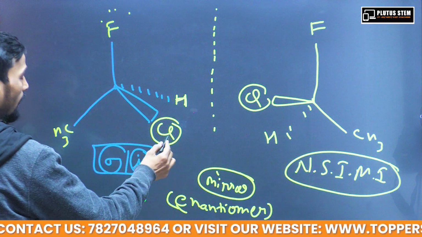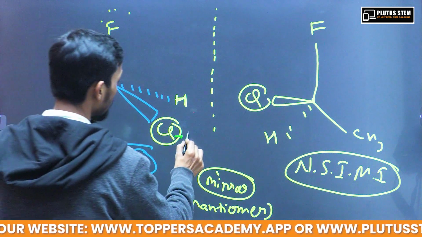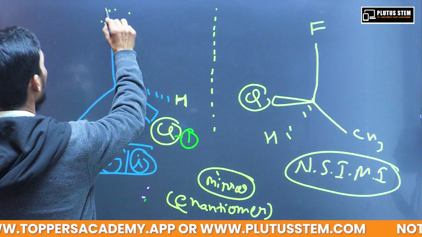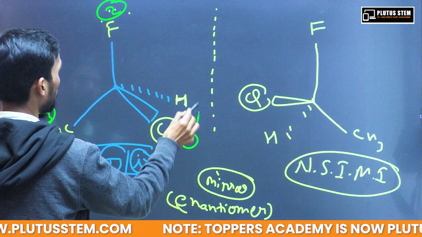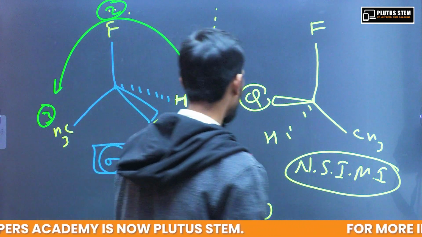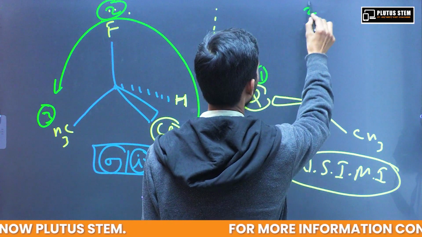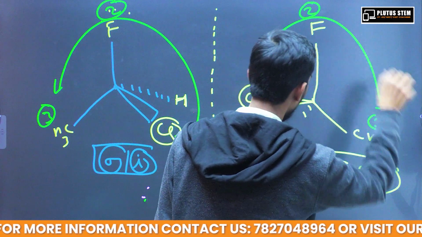Over here, chlorine has the higher atomic number, so this is written as 1, the second is 2nd, and this is 3rd. This compound is rotating anti-clockwise. Over here, this is 1, this is 2, on the basis of atomic number 1, 2, 3, and it is rotating clockwise.